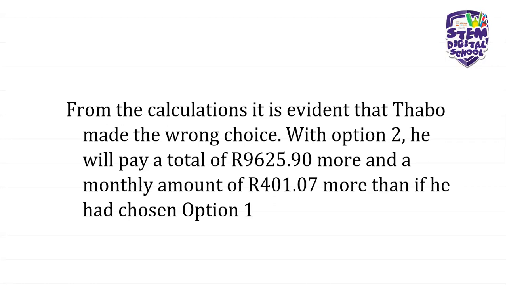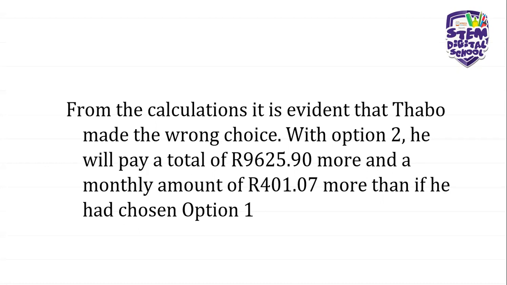You will be able to work it out first in order to make an informed decision, because some things may look easier at face value. But once you consider the calculations, then you will see that actually they are not as simple as they look or as they sound.